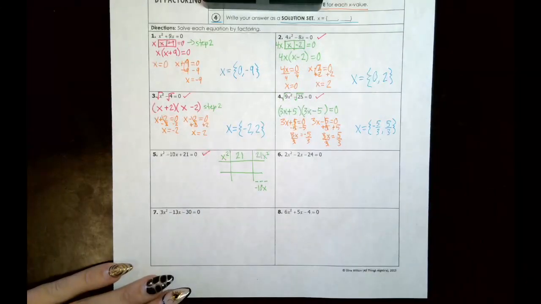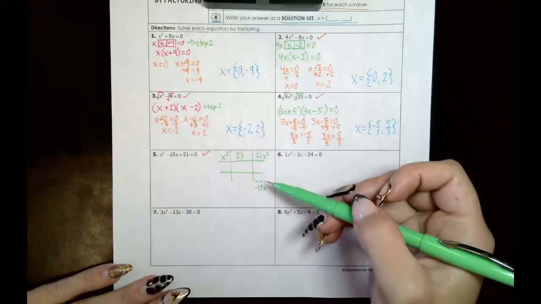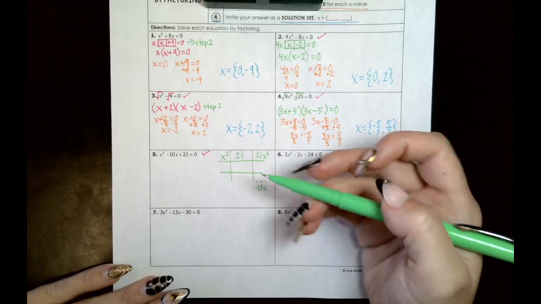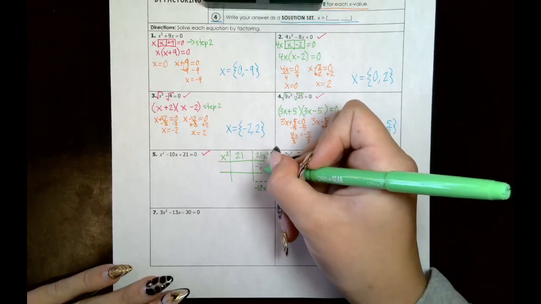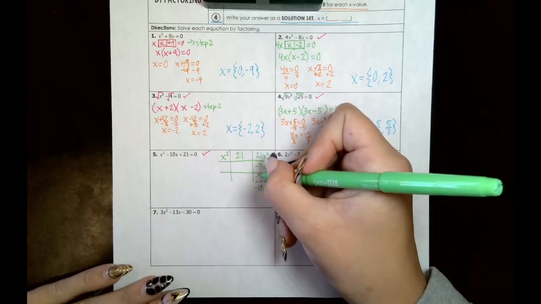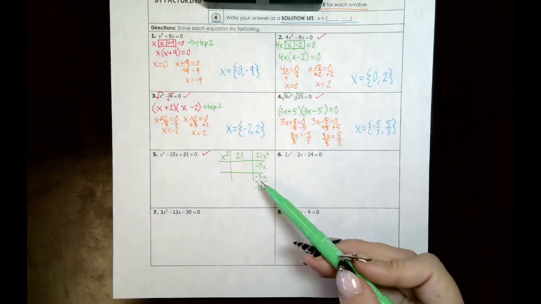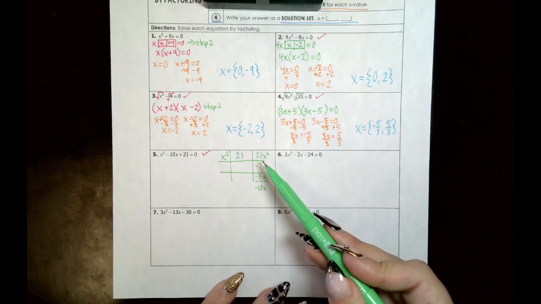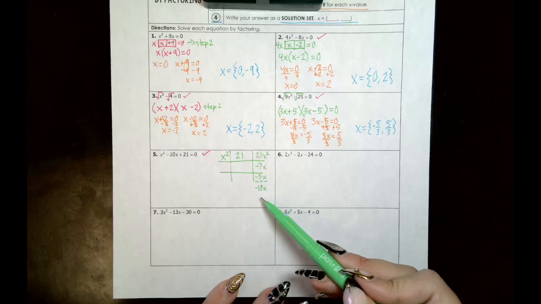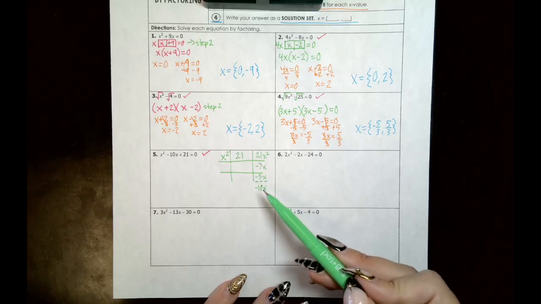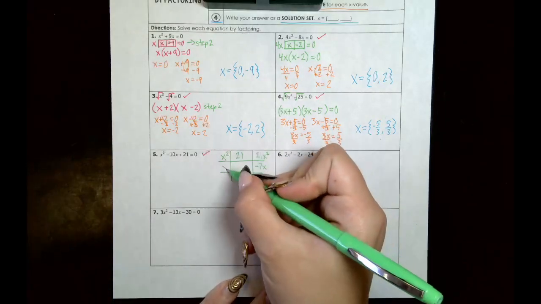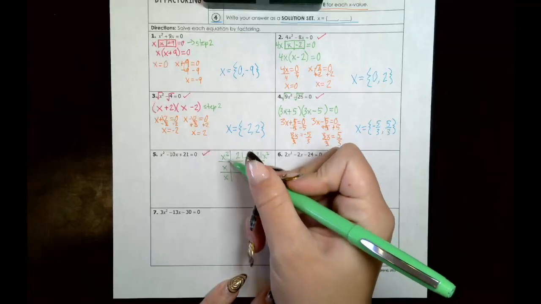So factors of 21 that are going to give us a -10x, if we have -7x and a -3x, that'll multiply to give us a +21x squared, but it will add to give us a -10x. And we know we can only use x times x to give us x squared.